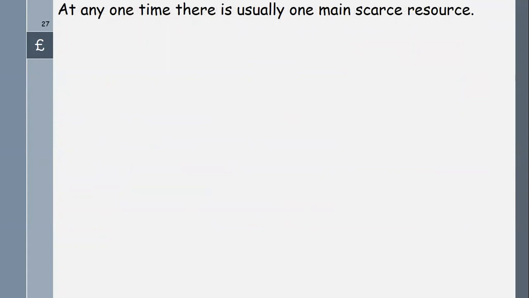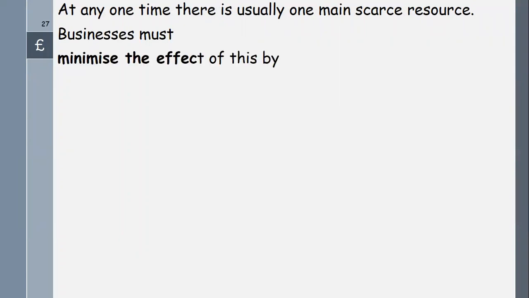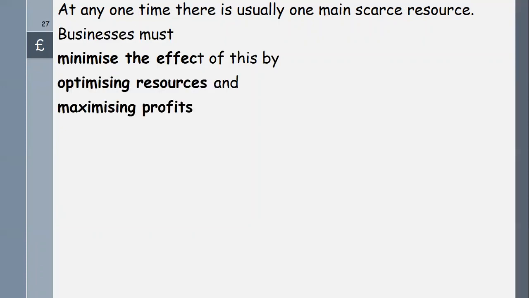At any one time, there's usually one main scarce resource. So businesses must minimize the effect of this, and they do this by optimizing resources and maximizing profits. We're going to look at a process that allows us to do that.